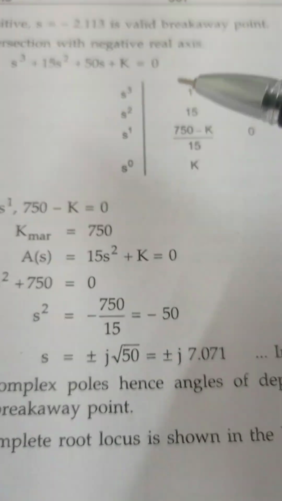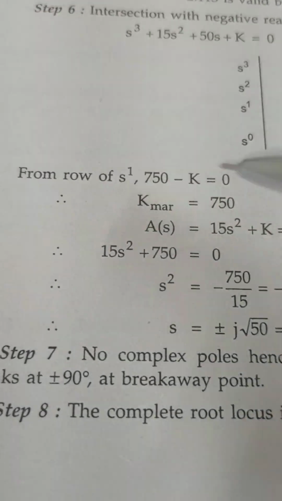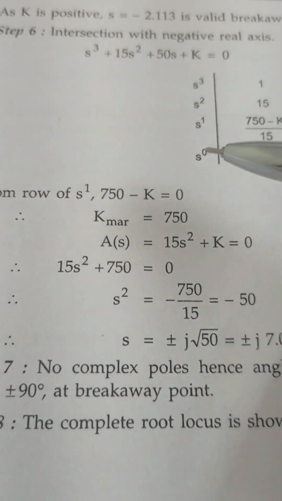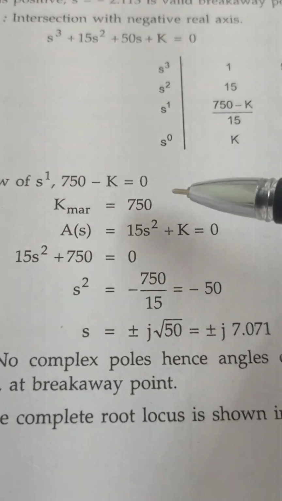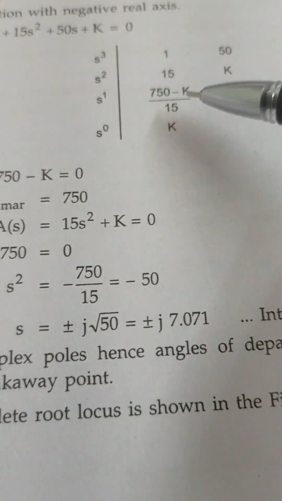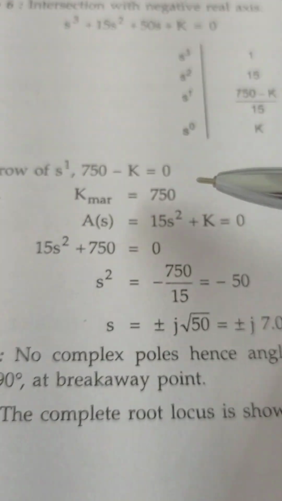From the row of s to the power 1, we get 750 minus k equal to 0.